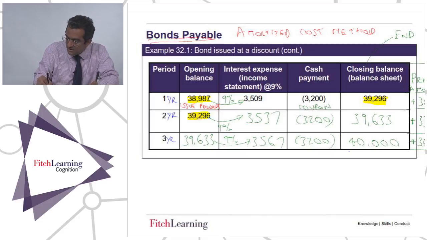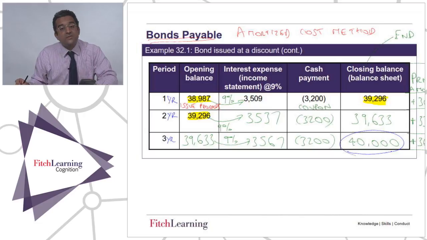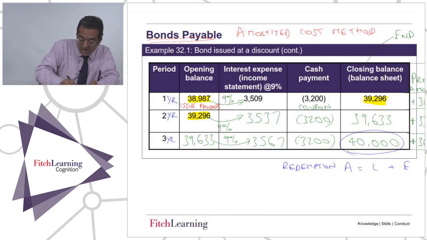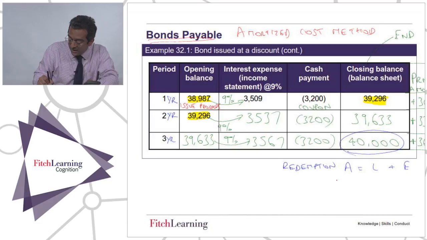Now notice, guys, that obviously this then allows the issuer, when they redeem the bond as of the date of redemption, or buying back the debt, we say, yes, the key aspect is you'll have to fork out 40,000 of cash.